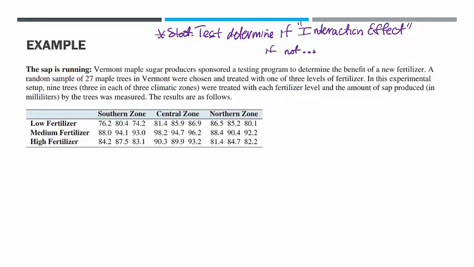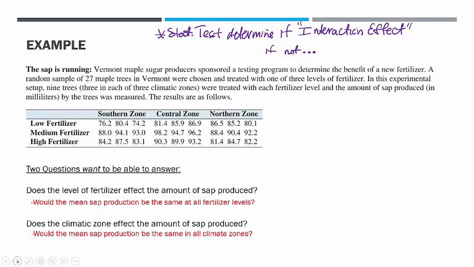then it's okay to separate out the two factors, and we get two new hypothesis tests, one for each factor. In this example, the question of whether the level of fertilizer affects the amount of sap produced boils down to, would the mean sap production be the same at all fertilizer levels?